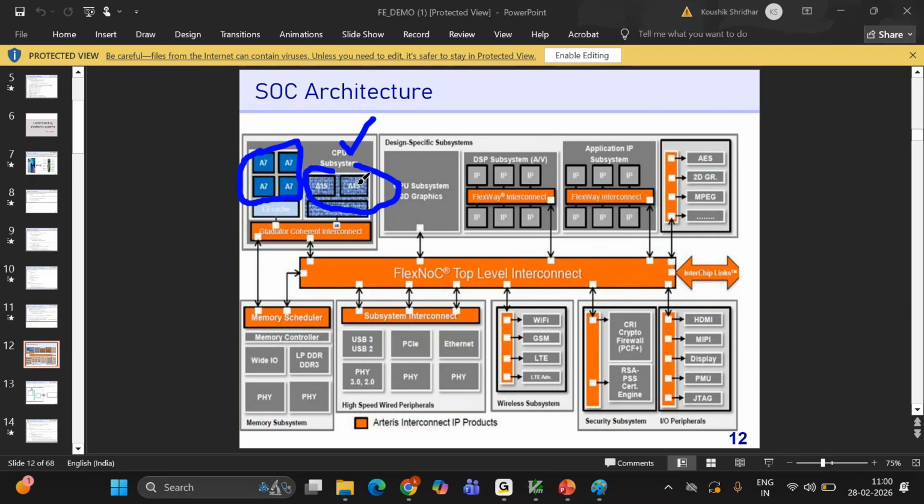This A profile is what goes into your mobile phone and laptop. A15 series processor, there are four here and two here. And we have something called a cache, and this is called a cache interconnect. So all these are present inside the CPU subsystem.